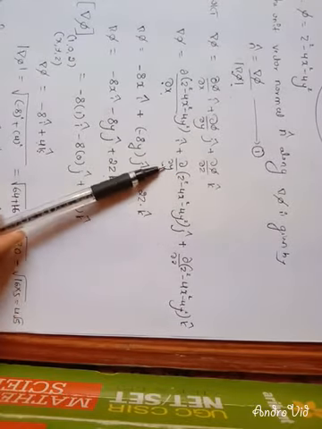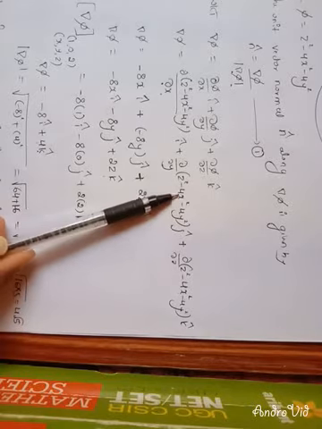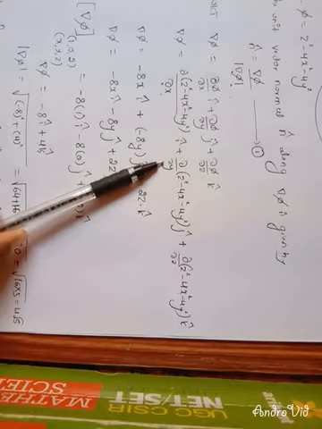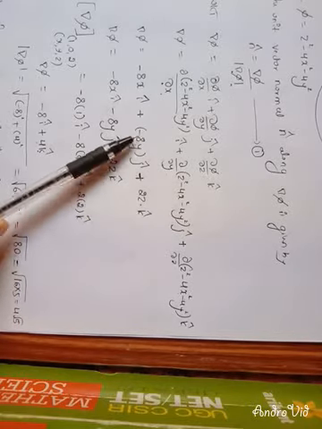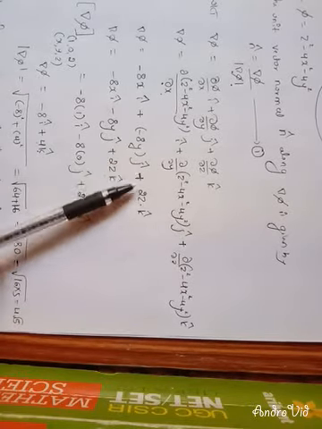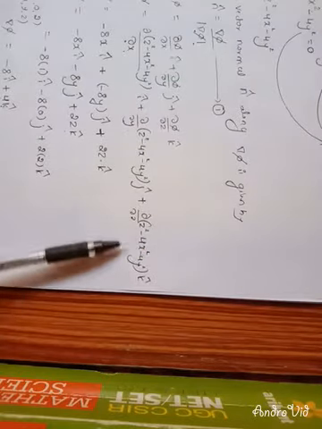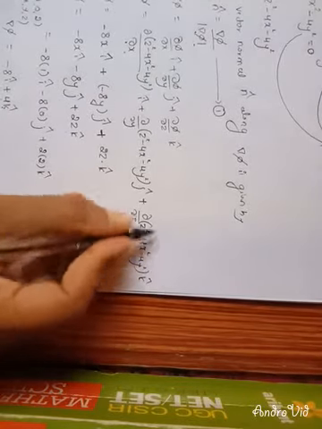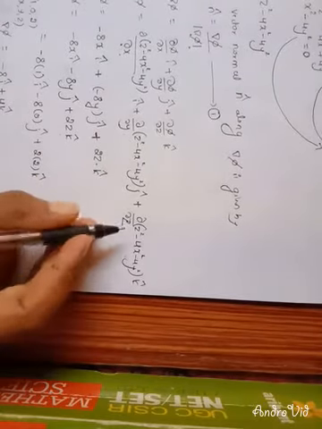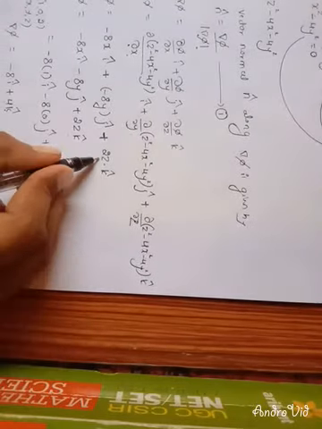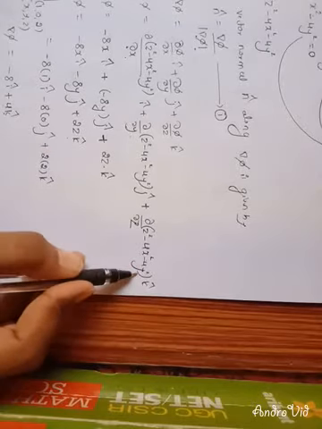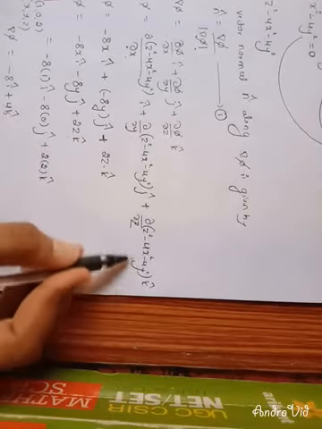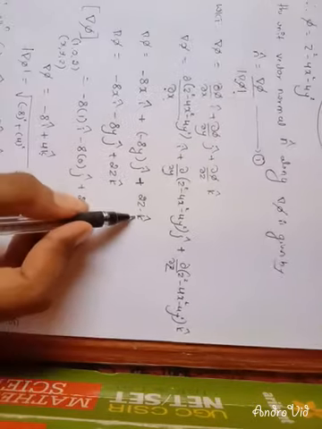So here z square is constant, 4x square is a constant, so these are 0, and minus 4y square differentiated with respect to y becomes minus 8y into j cap. Plus differentiation of this whole term with respect to z: z square with respect to z means 2z. 4x square is constant, and 4y square is constant, so obviously differentiation of these two terms is 0, into k cap.